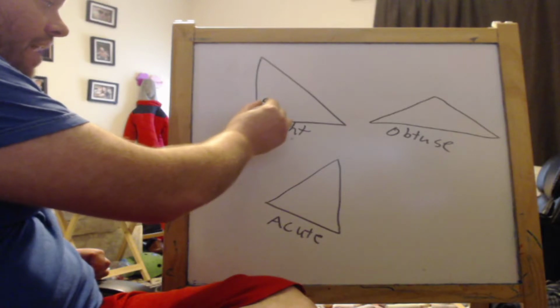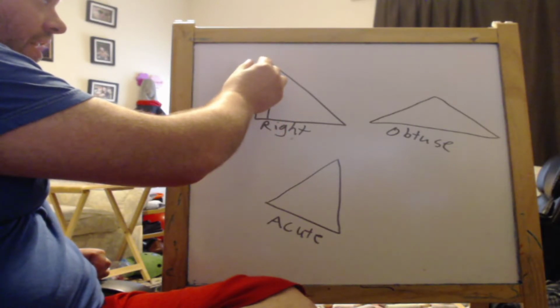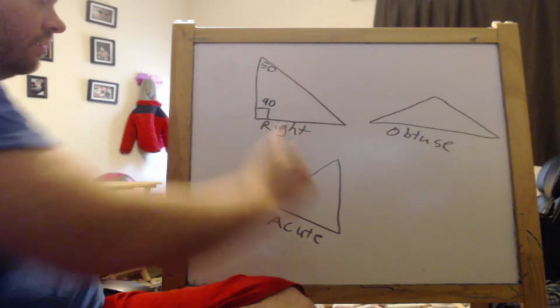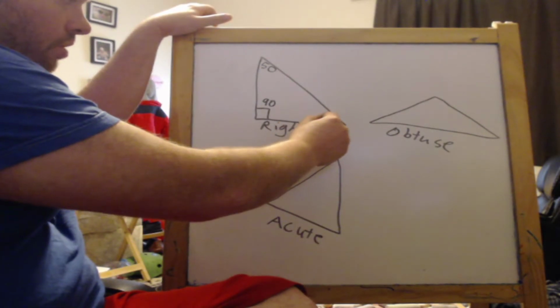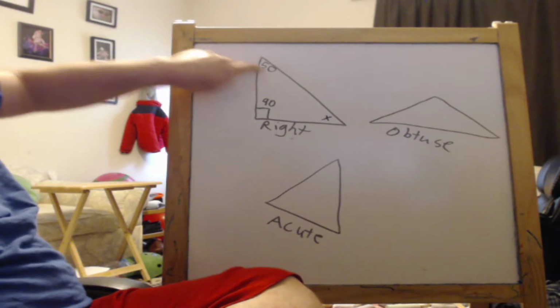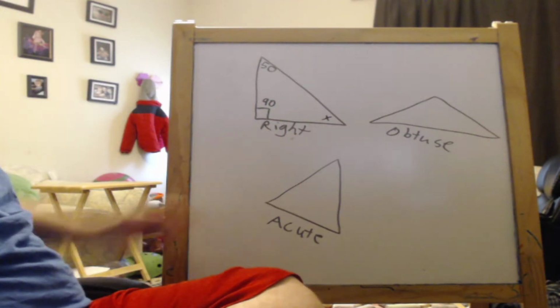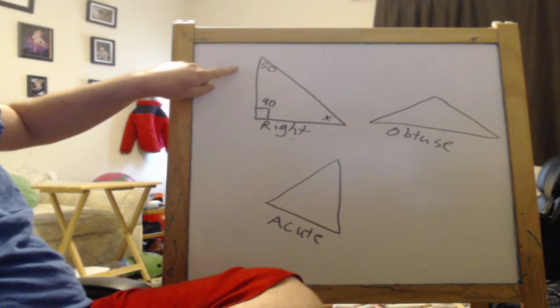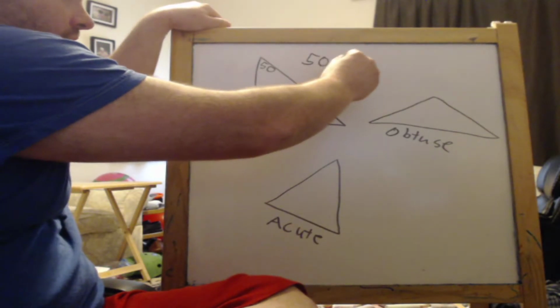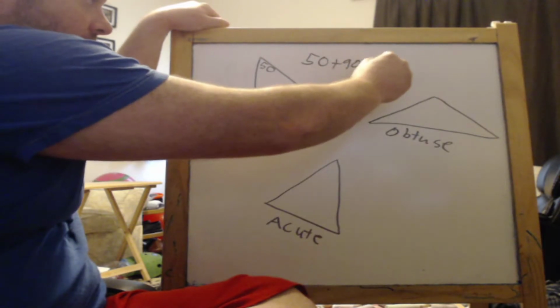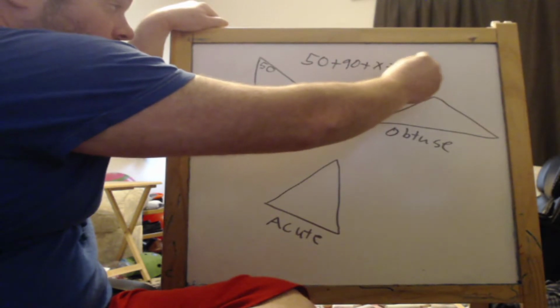So if this is 90 degrees, let's say this is 50 degrees, okay? And let's just call this angle X. I know that these three angles equal 180 degrees. So 50 plus 90 plus X has to equal 180.